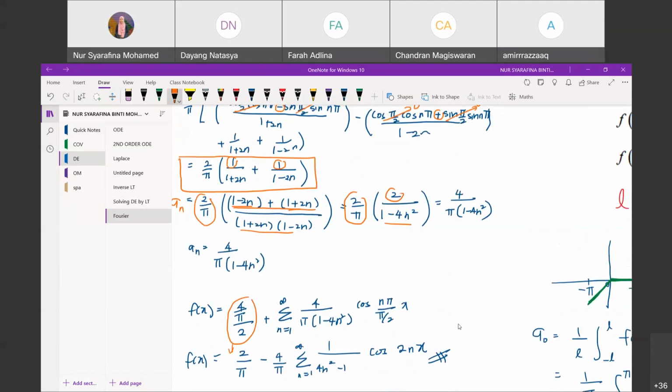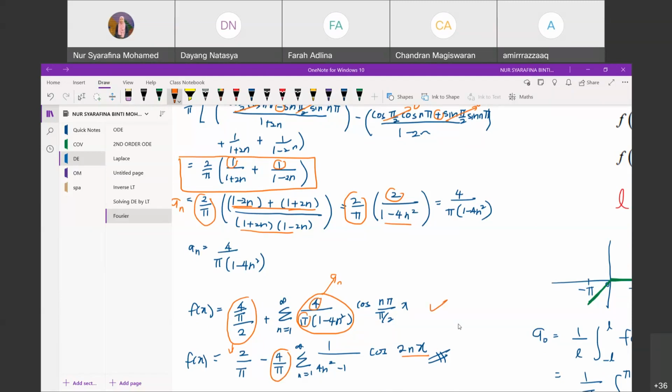Now this is a naught, and then plus the summation n equals 1 to infinity of an, so this is your an, times cos n pi over L x, so cos 2nx. And this 4 over pi is a constant, so put it outside. If you got the answer up to this point, then it is well done. It is correct already.